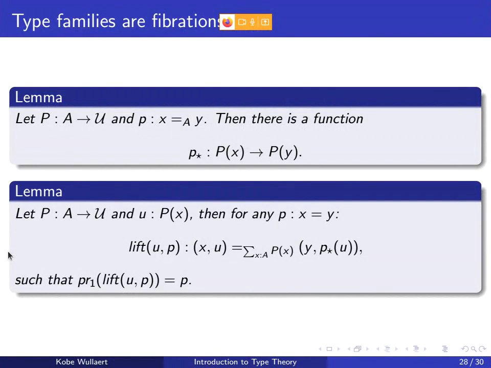If we choose such a point in this type of x, then for any path we can always lift this, so they have the same beginning in every point.